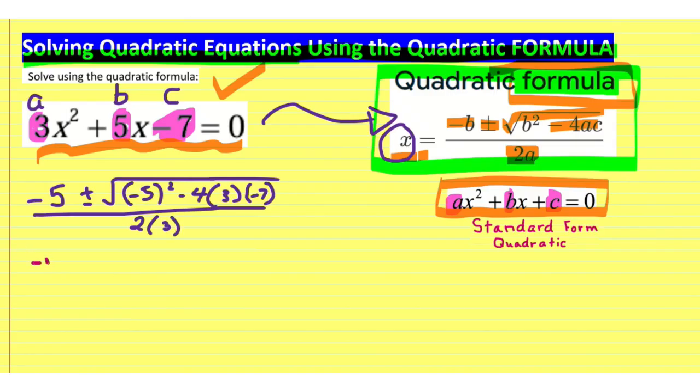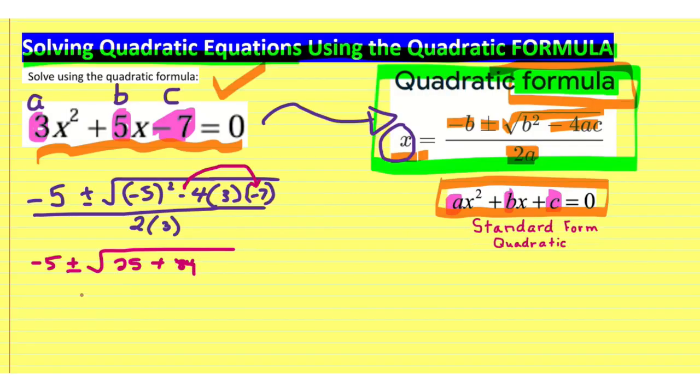So I have negative 5 plus or minus the square root. Negative 5 squared is going to be 25. And then we've got a minus here times a negative, negative times a negative. So those two negatives are going to cancel each other out. So it's going to be plus some number. So 4 times 3 is 12, and 12 times 7 is 84. Okay, and then we also need to add those two things together.